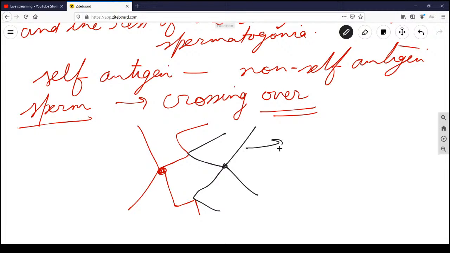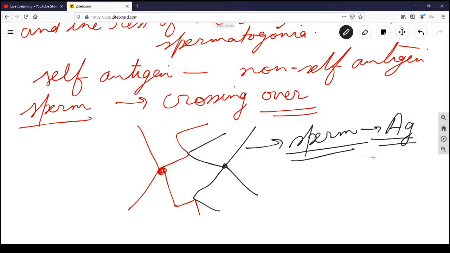So the antigens produced by the spermatozoa, after the spermatid has developed and matured through the stage of spermiogenesis and become spermatozoa, are not identical to your body's antigens.